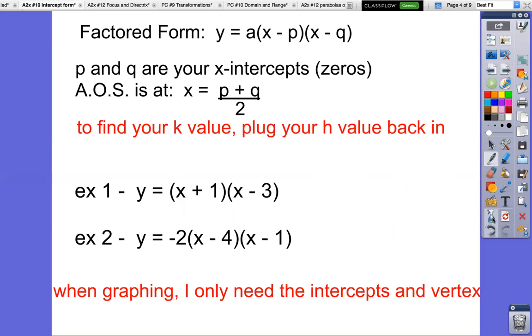About 5 more seconds. All right, so number 2, where am I?